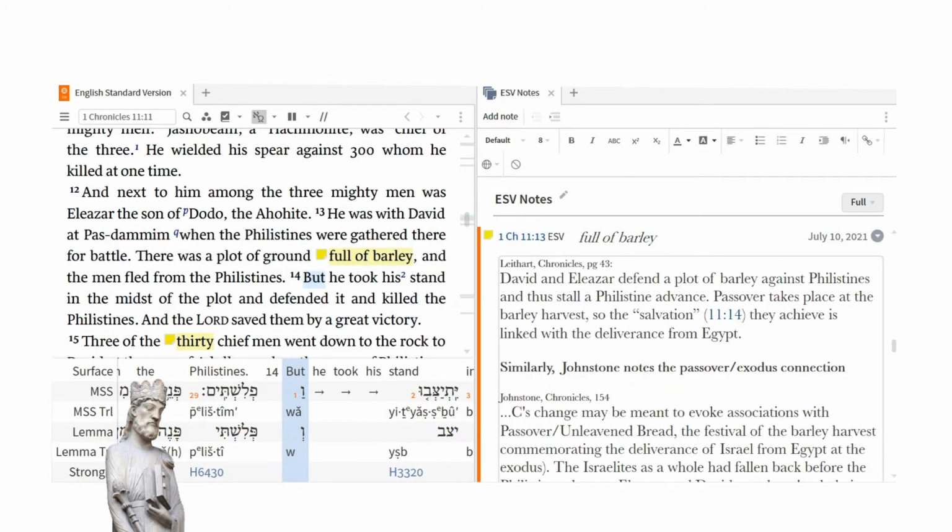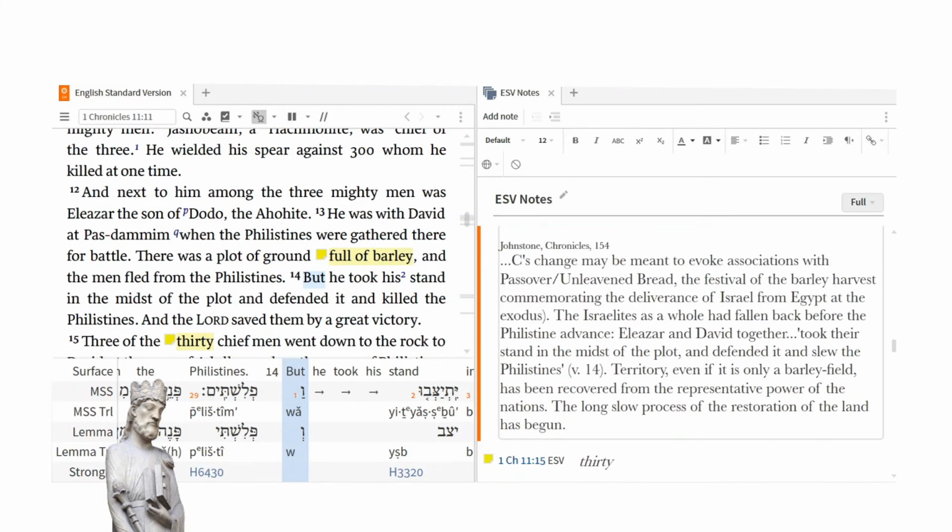Both Lightheart and Johnstone make a similar observation that the barley, as Lightheart notes, Passover takes place at the barley harvest. So the salvation they achieved is linked with the delivery from Egypt. And Johnstone similarly notes this, pointing out that between Chronicles and Samuel, Chronicles specifically mentions barley here.